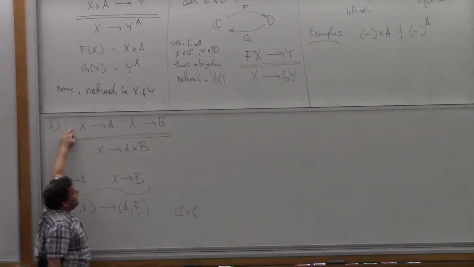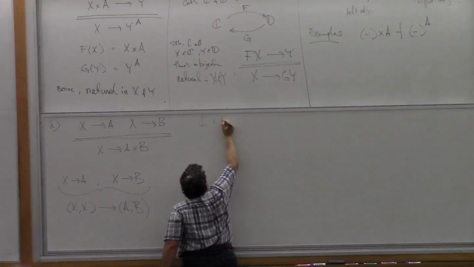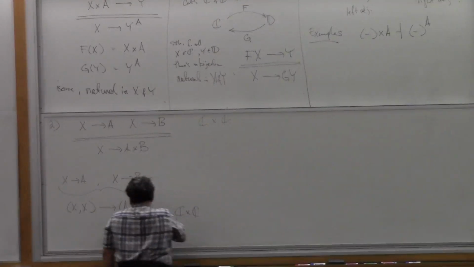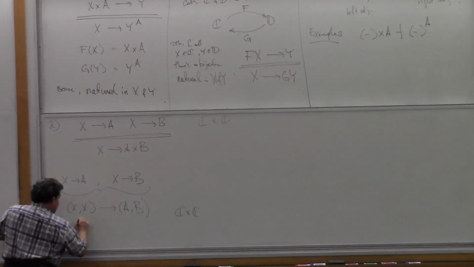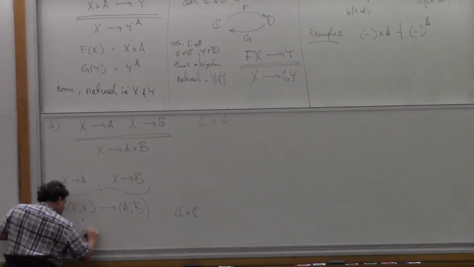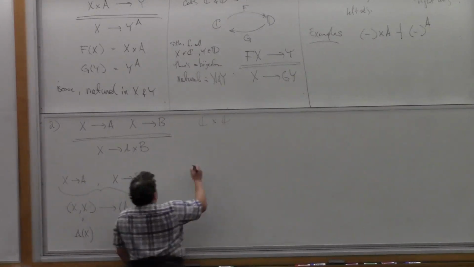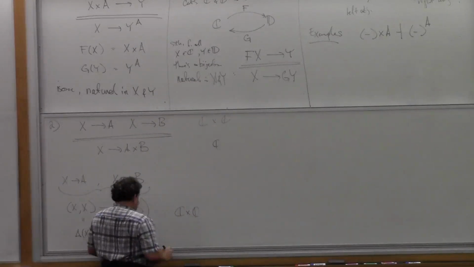So what's above the line here is exactly a map in C cross C, whatever our category C is, right? And this is an object of a special kind. Let me call it delta of X. So down below here is C. So what is delta of x? What do I mean by that?